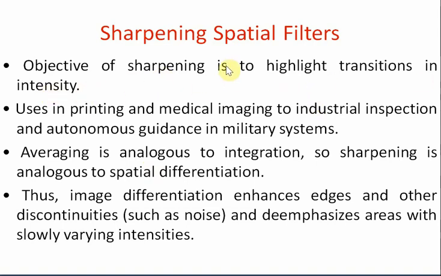What smoothing is and what sharpening is, we covered in the last video. Smoothing spatial filters are low pass filtering action, and sharpening spatial filtering is high pass filtering action. We know what low frequency components and high frequency components are in images.